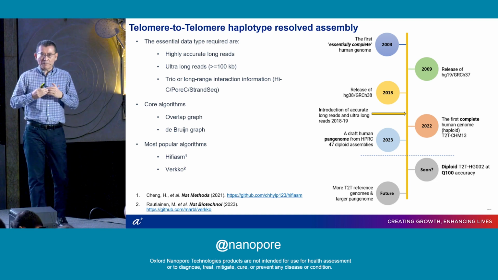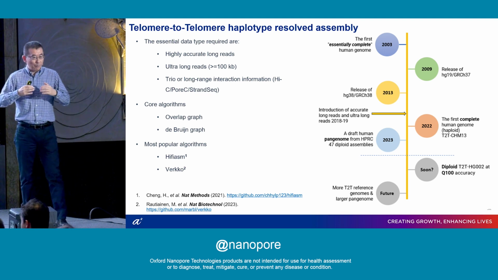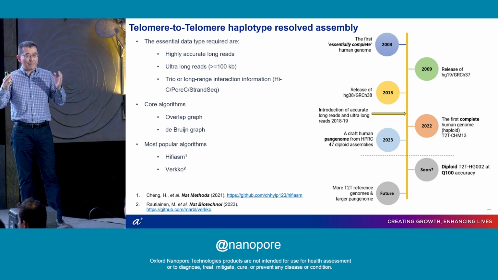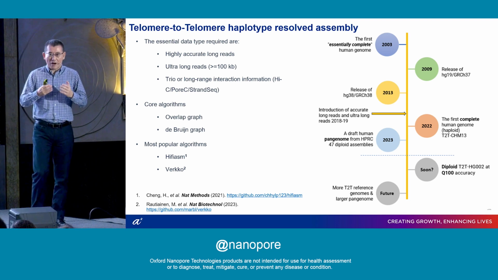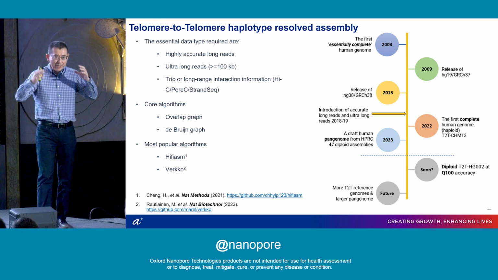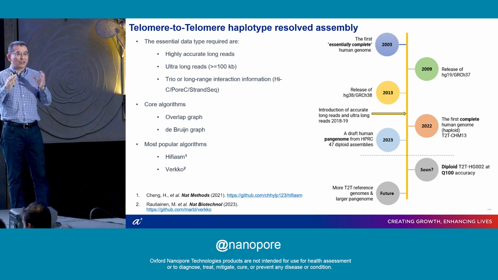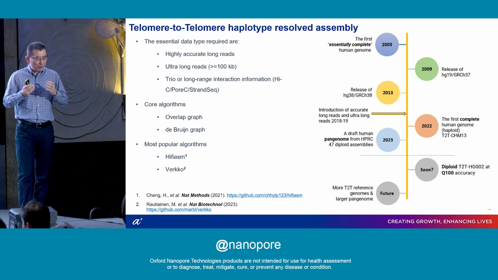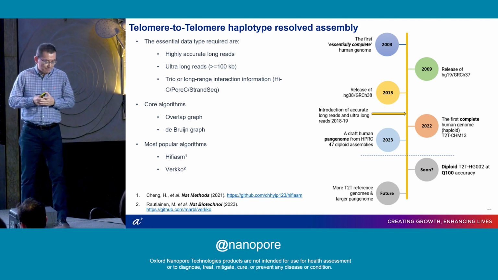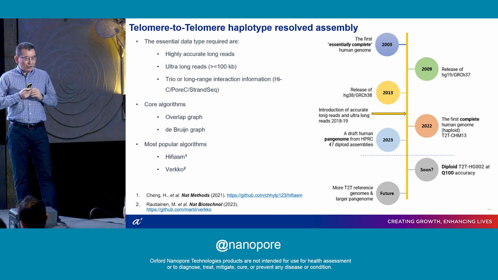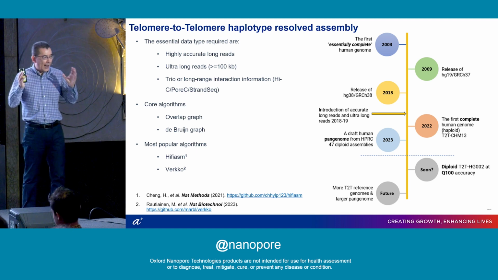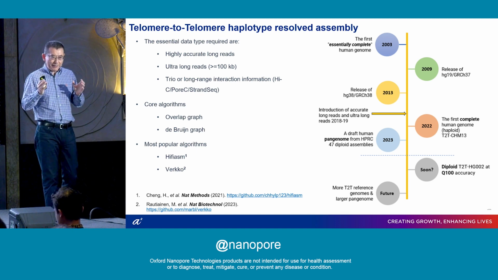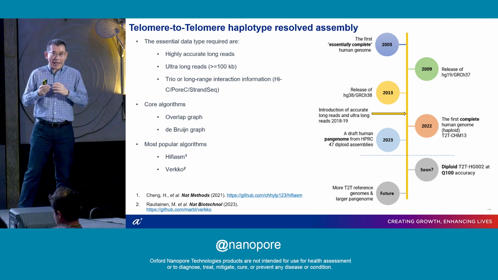Then with technology progress, people went beyond the single genome assembly to the pan-genome reference, trying to capture and recharacterize the genetic diversity of human populations using T2T strategies. To do this, usually they require a certain amount of high quality long read data. Short reads would not be able to do this.